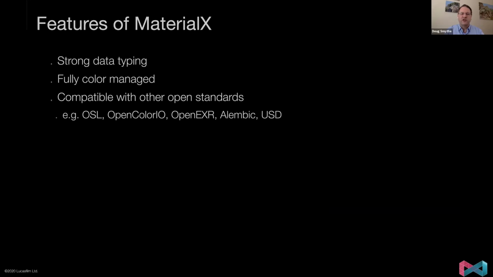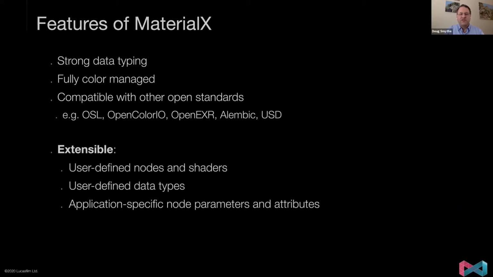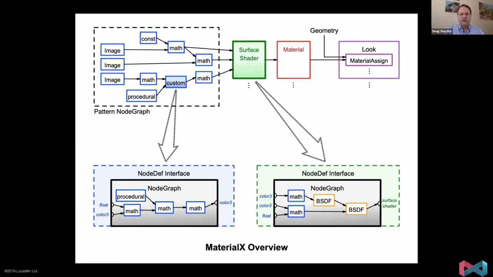Some key features of MaterialX include strong data typing, full color management, and compatibility with other open standards. But most importantly, it's very extensible with support for user-defined nodes, shaders, and data types, as well as application-specific attributes and parameters. The bulk of MaterialX is based on the idea of graphs of nodes with encapsulation. Rendering materials are associated with geometries in a look as seen in the upper right, and the materials reference one or more shaders or surfaces or other types of shaders whose inputs can in turn be connected to graphs of pattern nodes.